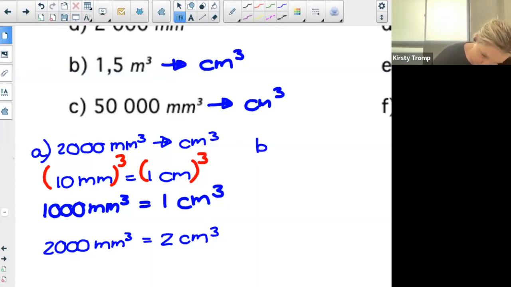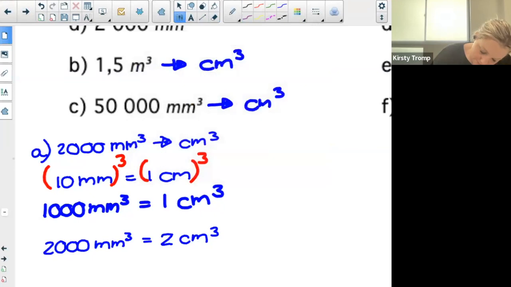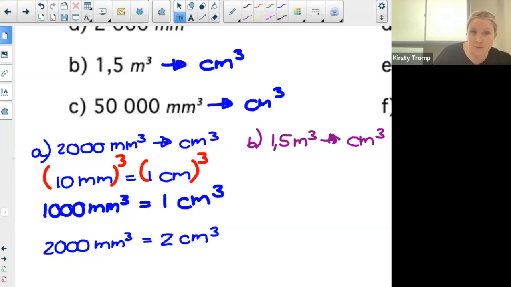Let's look at B. Maybe let's put B in a different color so you guys can see nicely. All right, let's make B purple. So B. B is asking me to have 1,5 meters cubed and to put it into centimeters cubed.